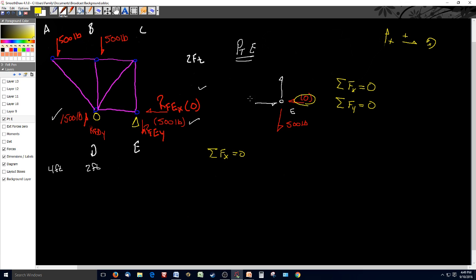This force pushing in, I'm going to call the force FDE. So FDE plus 0 has to equal 0. Pretty simple solution, isn't it? Therefore, FDE equals 0. I can go right back to my force diagram and update that, and put in a 0 force.